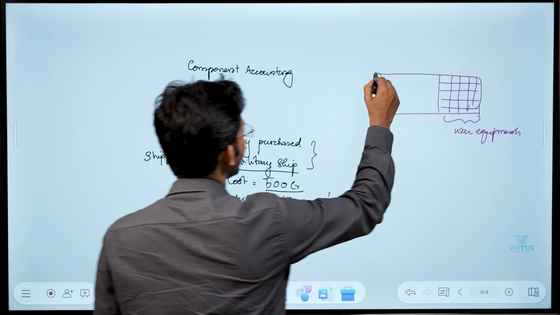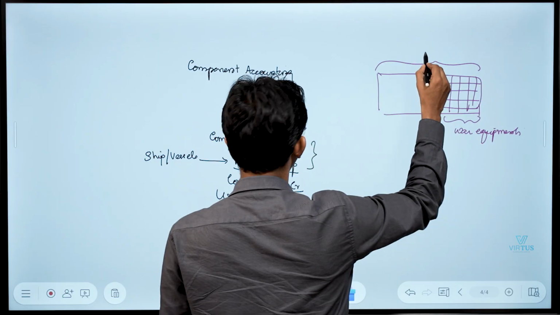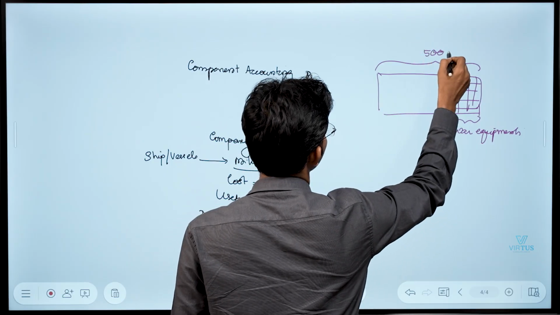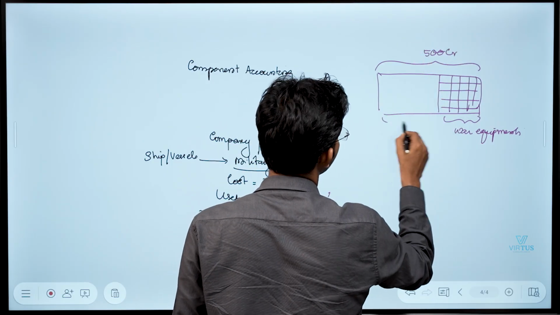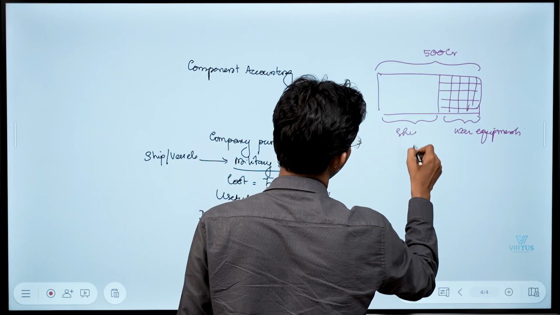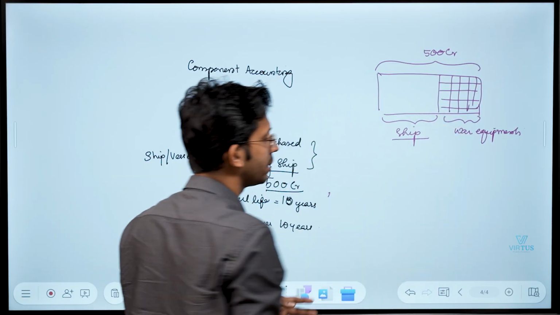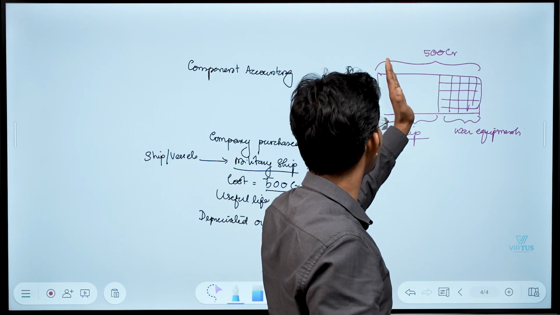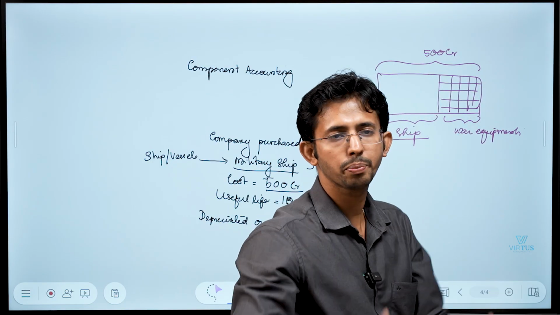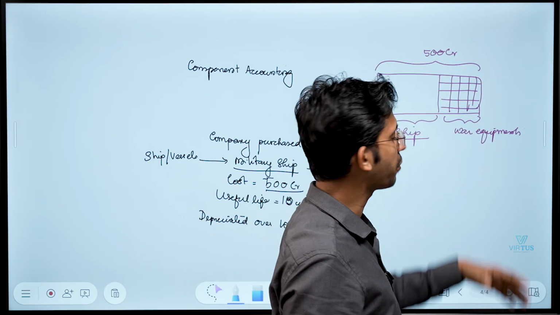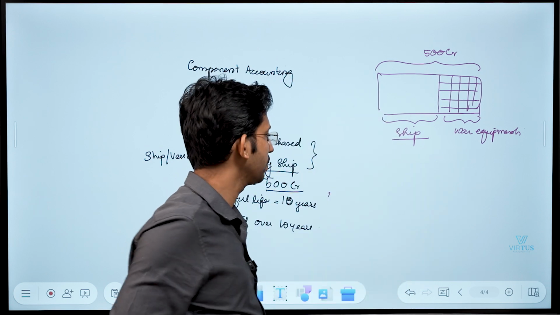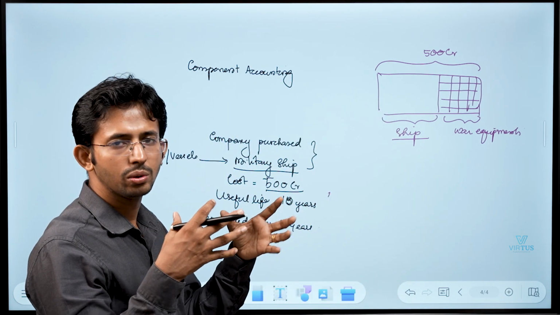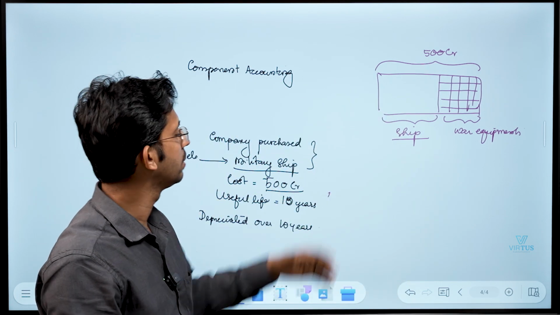Now the total military ship is costing you 500 crores. I am just drawing this for the purpose of your understanding. Don't assume that up to this is ship and after that you have a protruded portion which is the warfare equipment. No, it will be embedded in that. But I am just trying to correlate it better with this diagram.